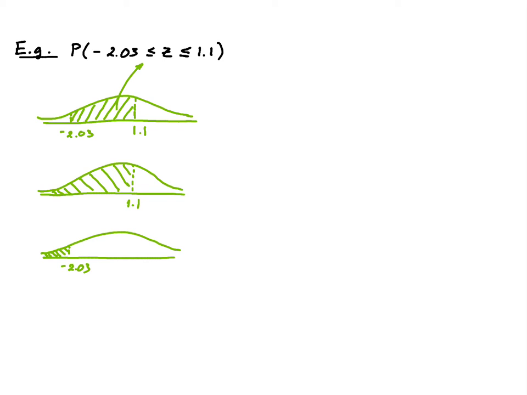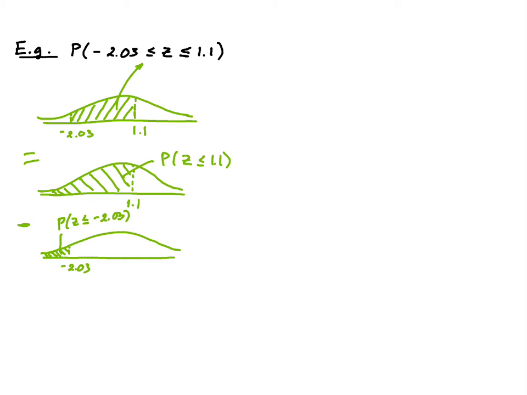Okay? So that tells us that the area between negative 2.03 and 1.1 is going to be equal to the area to the left of 1.1, which is just the probability that z is less than or equal to 1.1, minus the area to the left of negative 2.03, which is just the probability that z is less than or equal to negative 2.03.